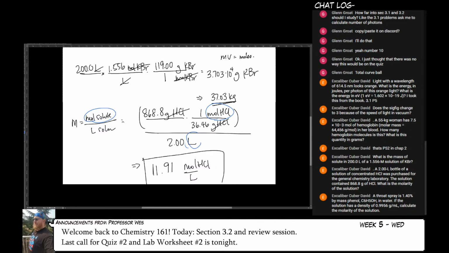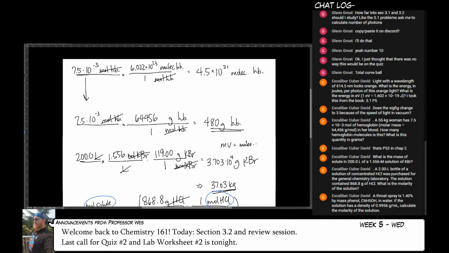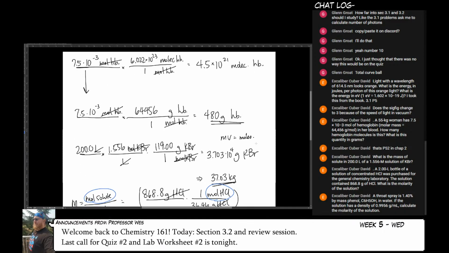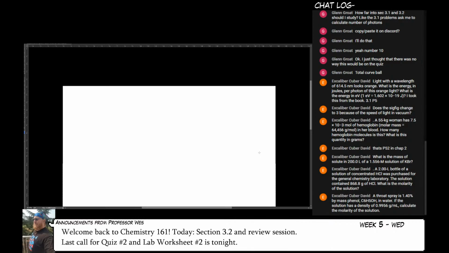All right. So a throat spray is 1.4% by mass phenol. If this is its density, calculate the molarity. So, all right.